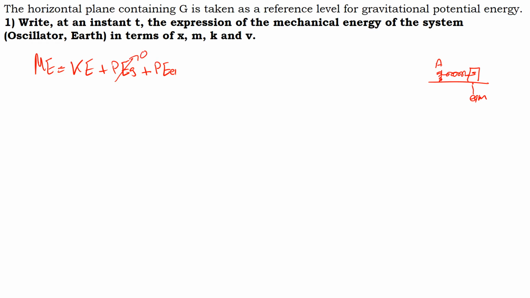Then the mechanical energy is equal to KE, which is 1 over 2 mv squared, plus elastic PE, which is 1 over 2 kx squared. This is the solution. We found the mechanical energy in terms of x, m, k, and v.